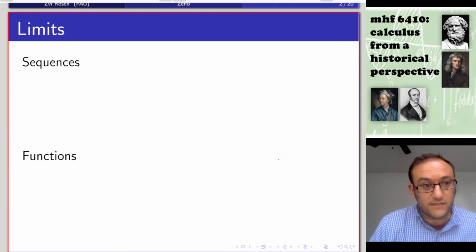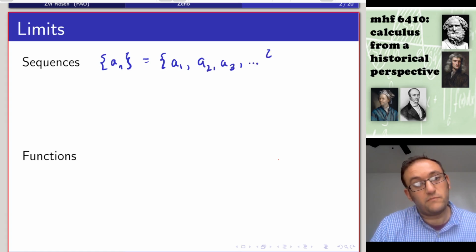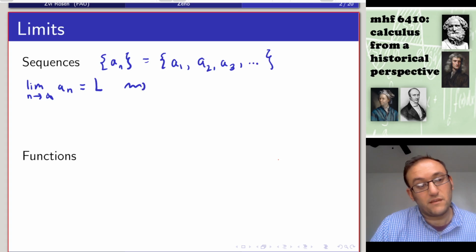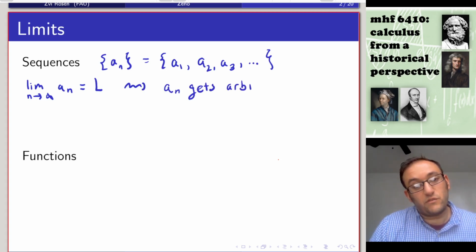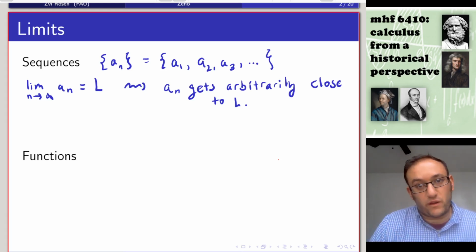So either in the context of sequences, and here we're talking about some list of numbers, a_n, where n takes values 1, 2, 3, etc. And when we say that the limit as n approaches infinity of a_n equals L, then what we mean is a_n gets arbitrarily close to L. Okay, so by arbitrarily close, we mean as close as we want it to get.